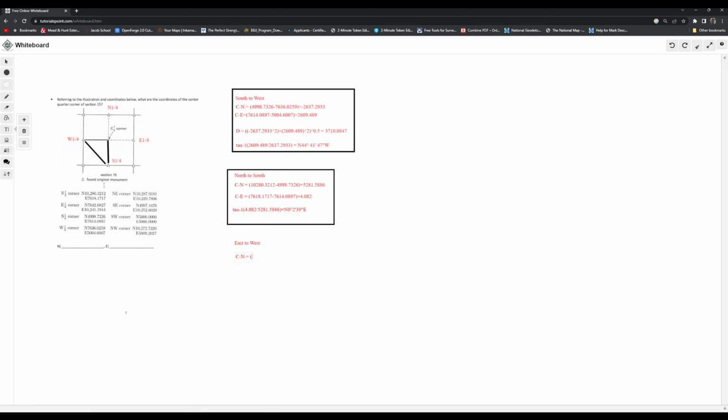So we're going to go from east, 7642.6827, minus the west corner, which is 7636.0259.